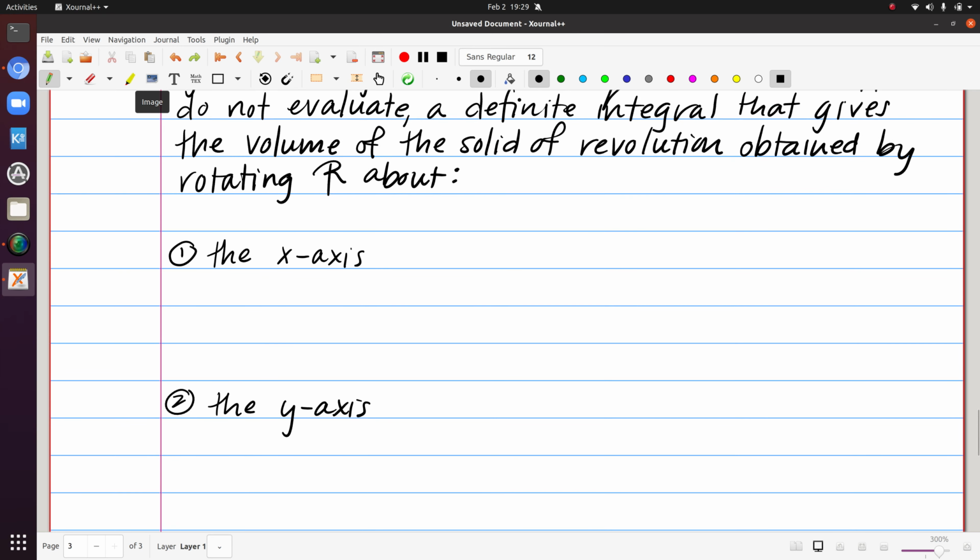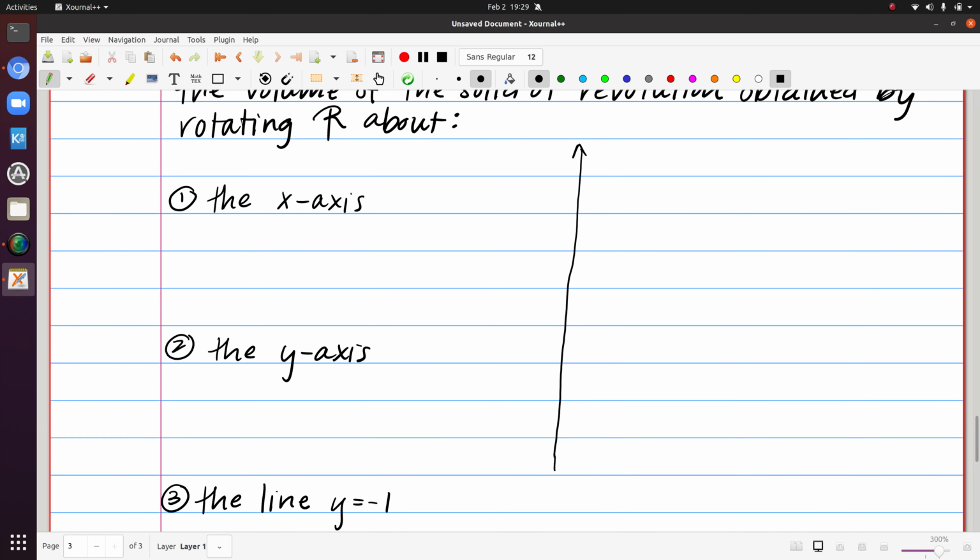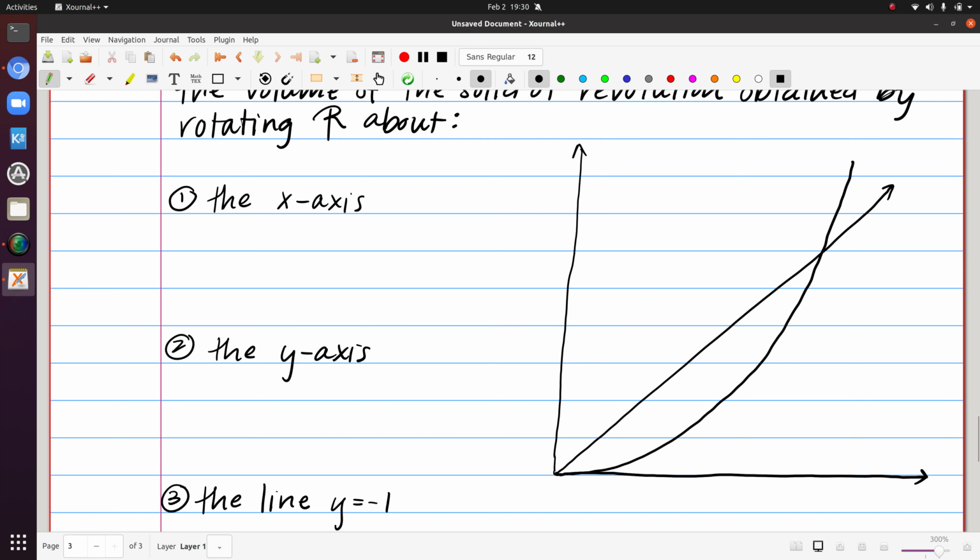So since we only have to set up, I can use up a lot of this. So we're going to look at the function y equals x and the function y equals x squared in the first quadrant. And thinking about that, we're going to have y equals x look like this. And then y equals x squared is going to look something like this.